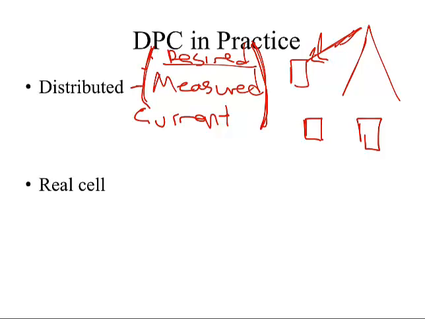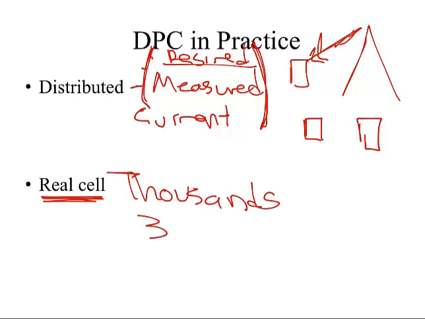And so if we looked at this in a real cell, we're going to have thousands of phones, and in the example that we looked at here, we only had 3 links as opposed to thousands. And so DPC is actually something that's probably implemented about 1,500 times per second.